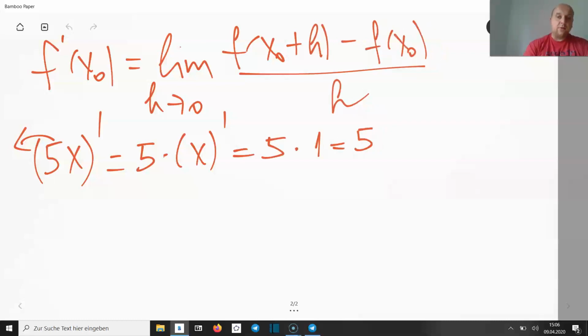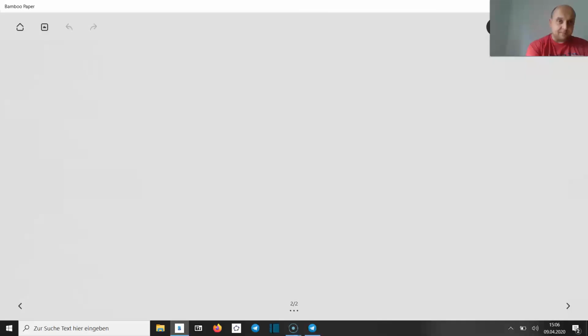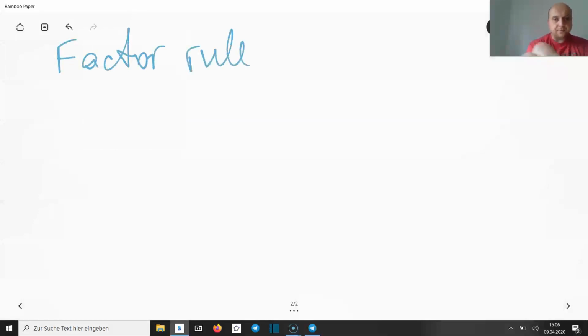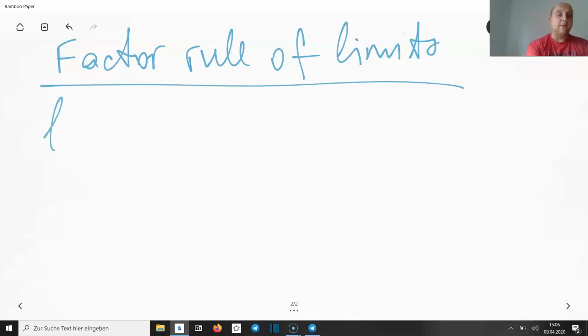And the factor rule of the limits is telling us, so let's write factor rule of limits. The factor rule is telling you if you have a limit of x towards 3, for example, of 7x, well, basically you can put x immediately.